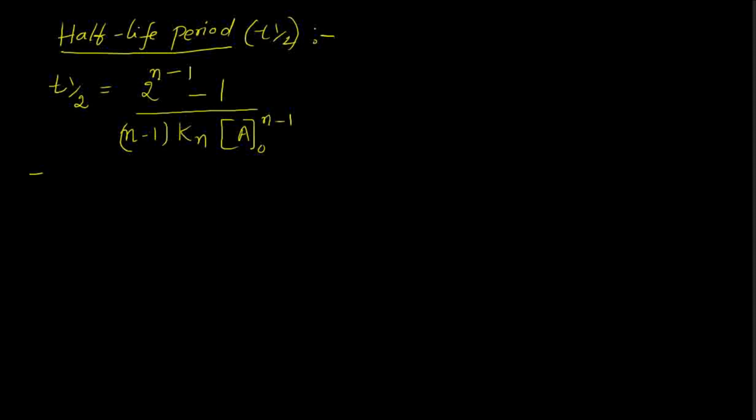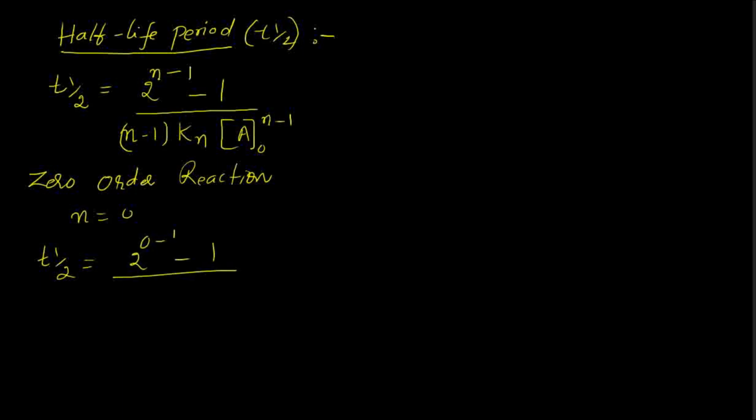The first one is the zero order reaction, so n equals 0. T half equals 2 power 0 minus 1 minus 1 by (0 minus 1) k naught a naught power 0 minus 1.